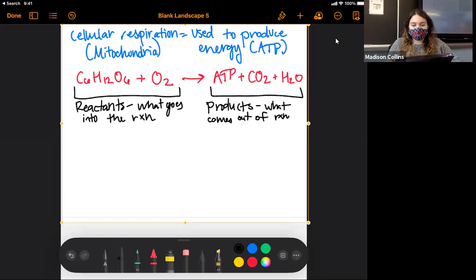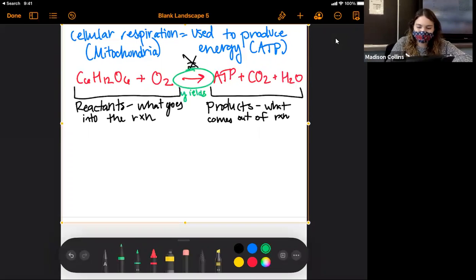Okay. Now, someone in one of my classes asked, whenever we draw a chemical formula like this, why don't we use an equal sign, right? Because those reactants and products should be the same. But we're never going to use an equal sign because we use this arrow to represent a chemical reaction. This arrow actually means what we call yields.